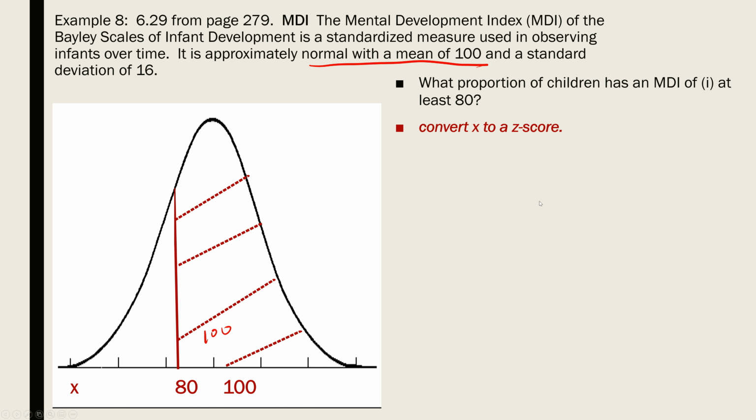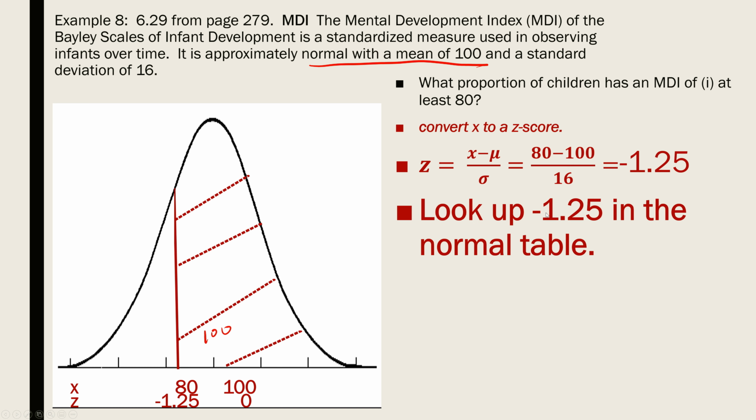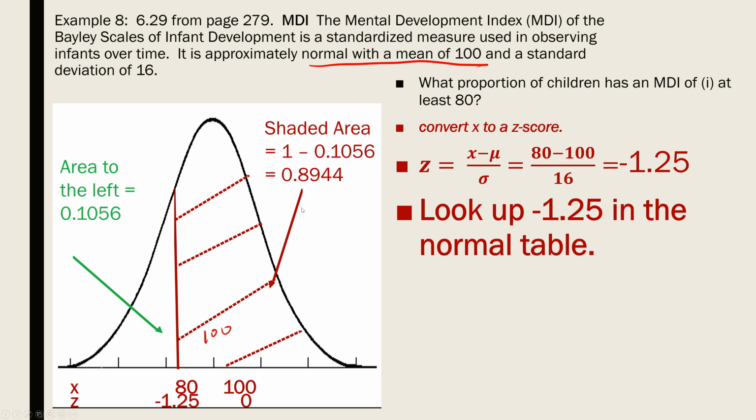Next, we convert x to a z-score. Then you look up the negative 1.25 in the normal table. Then you have the area to the left. Then you calculate the shaded area, use 1 minus the area to the left.